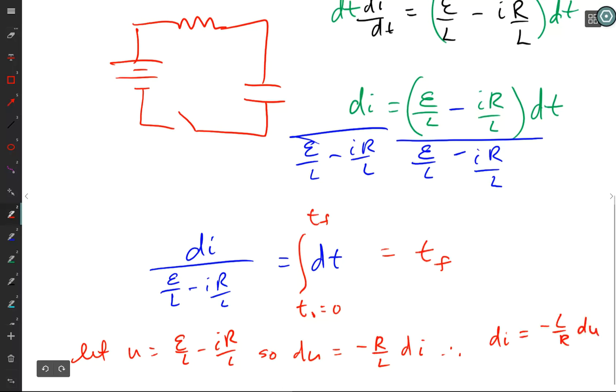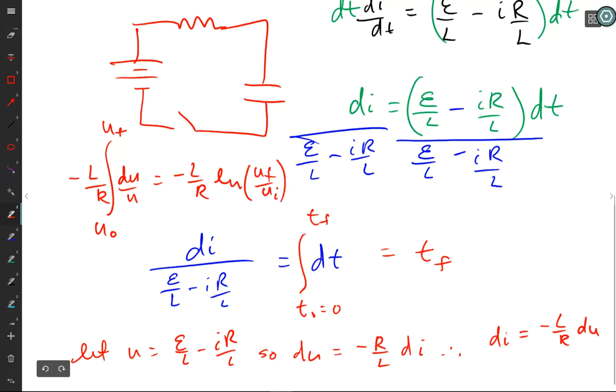And this integral becomes minus L over R integral from U initial to U final, where U initial is going to be E over L minus I initial R over L, and U final instead of I initial, I final. Well, if you do that, you have that relationship.